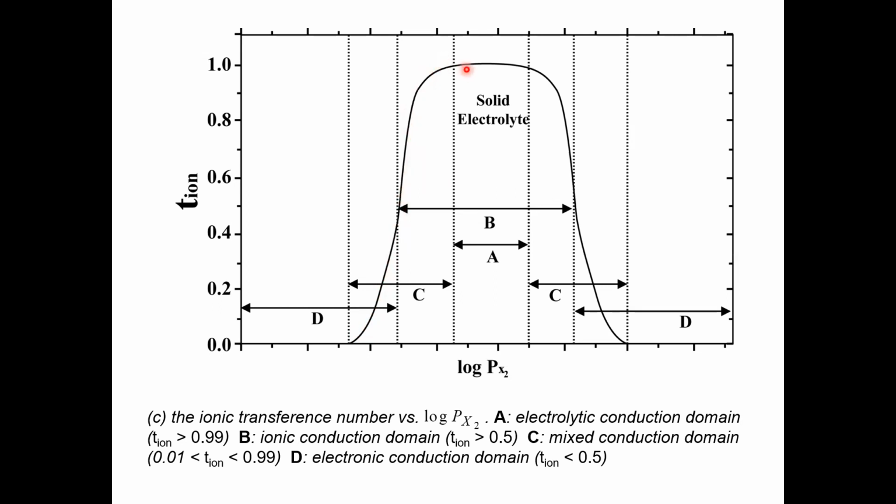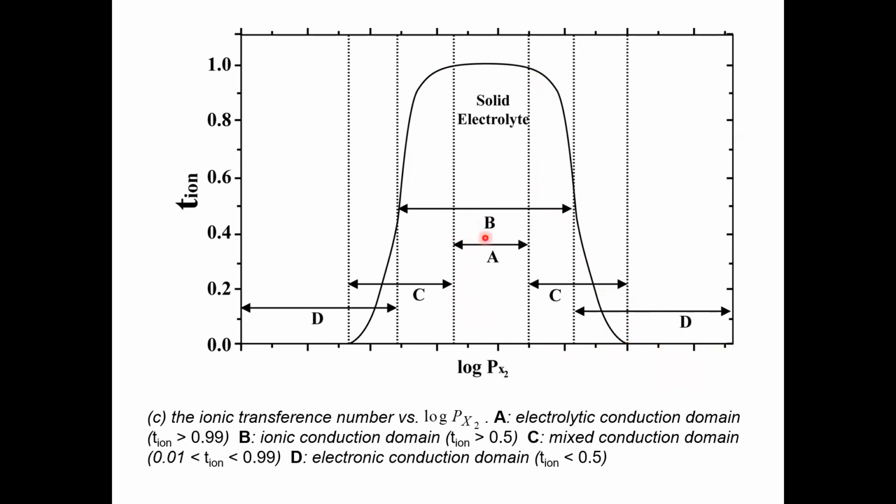And as soon as you enter this ionic regime, then the ionic transference number becomes 1. Then it keeps on decreasing as you move to the P-type regime, with the mixed conduction to completely P-type electronic conduction, where the ionic transference number becomes 0.